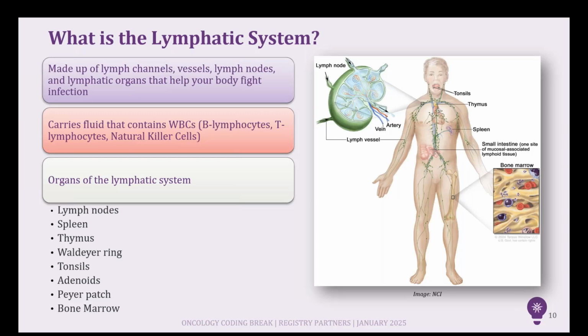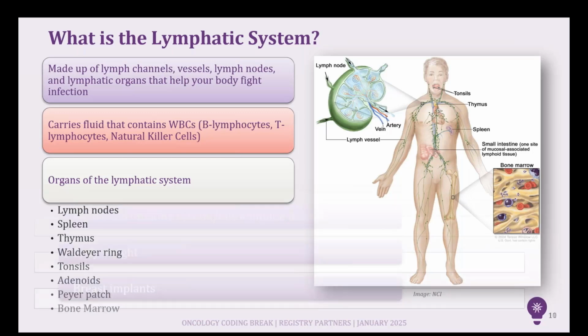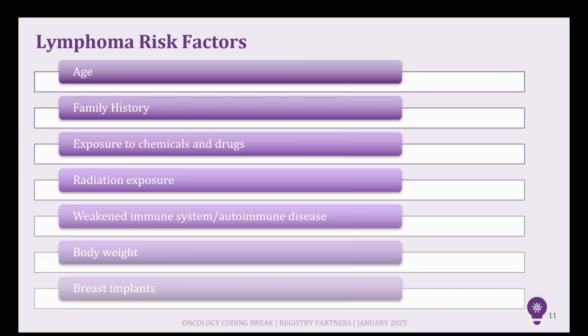So several factors can increase the risk of developing lymphoma. Lymphoma can occur at any age, but Hodgkin's lymphoma is most common in young adults and those over 55. Non-Hodgkin's lymphoma is more common in people over 60. A family history of lymphoma can also slightly increase your risk, suggesting that maybe genetics may play a role. Exposure to pesticides, herbicides, benzene, and immunosuppressive drugs that are used in organ transplants can also increase your risk of developing lymphoma.